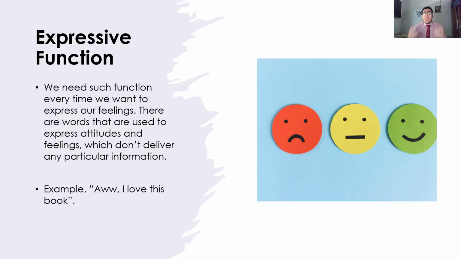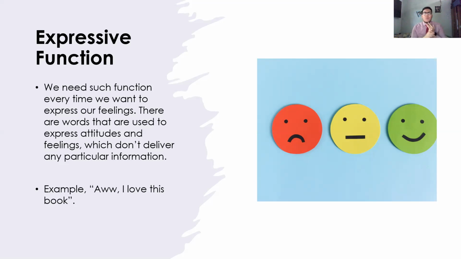Oh, I love this book. All right. What happens when you say, I love this book? We're not giving too much information to the listener about this particular book or about the subject. No, we're just expressing our feelings.